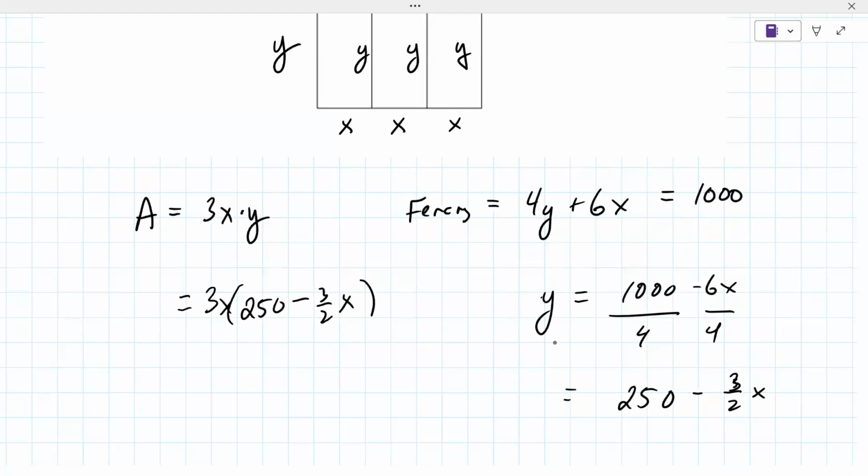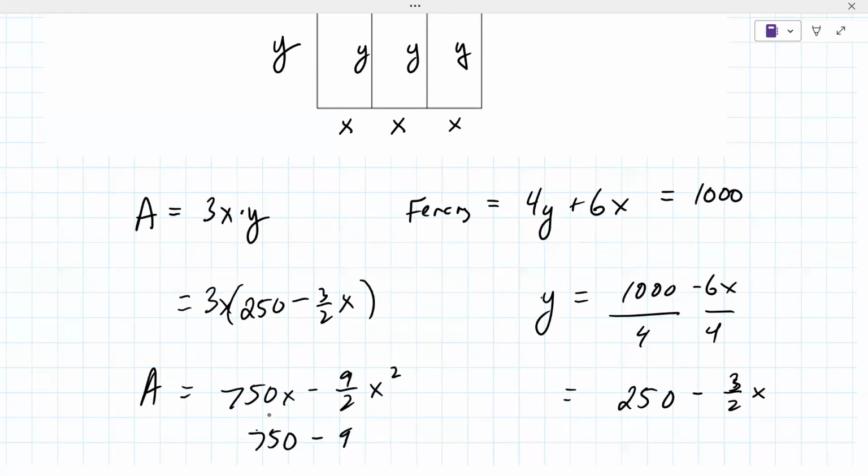x, not y. All right, so this becomes 750x minus 9 over 2 x squared. Take a derivative, set that equal to 0. So 750 minus 9x, and then set that equal to 0.